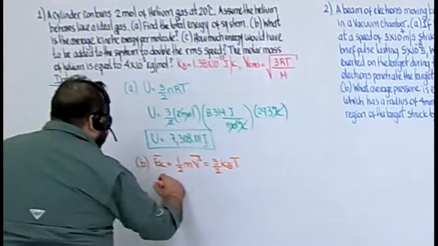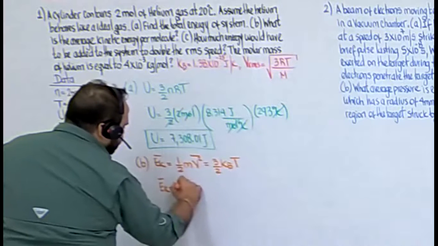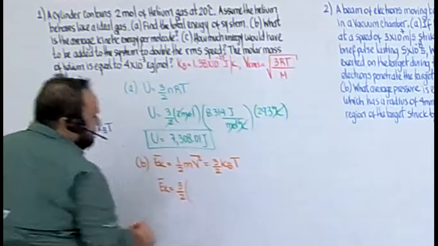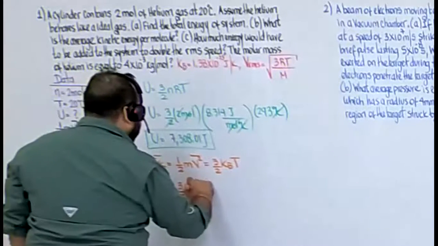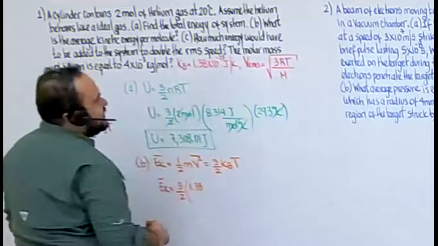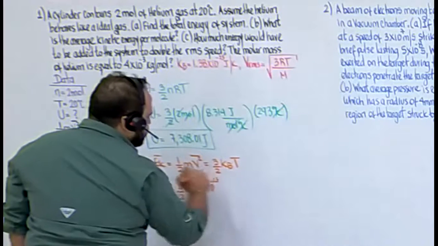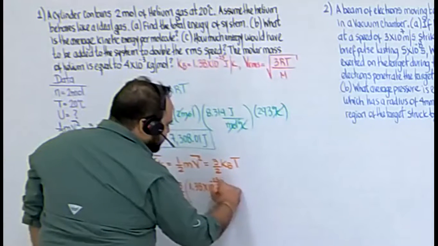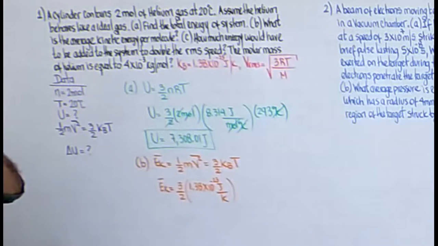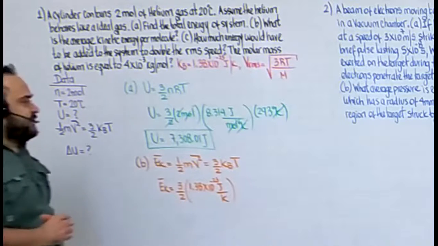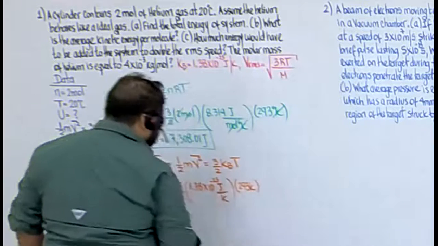For that reason, the average kinetic energy in this case will be equal to 3/2 times the Boltzmann constant, 1.38 times 10 to the negative 23 power joules per Kelvin. And this value will be multiplied by the temperature, 293 Kelvin degrees.